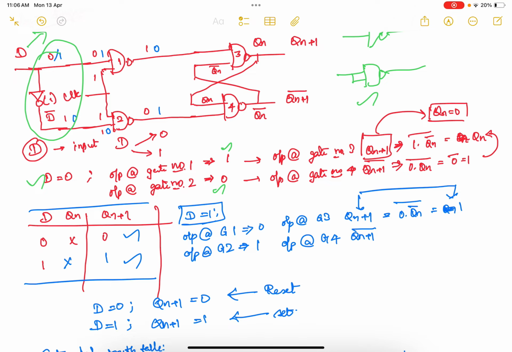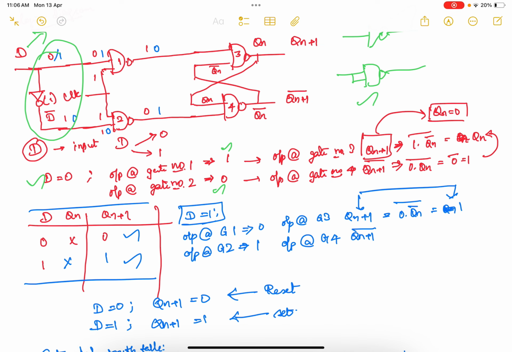One of the inputs is 0, the other input is Qn. When you take the NAND operation on 0 and Qn, you will get 0, whose complement is 1. So since I get Qn plus 1 bar as 1, automatically Qn plus 1 should be 0. This is what we are focusing on here.